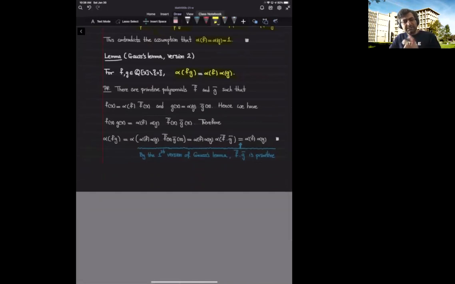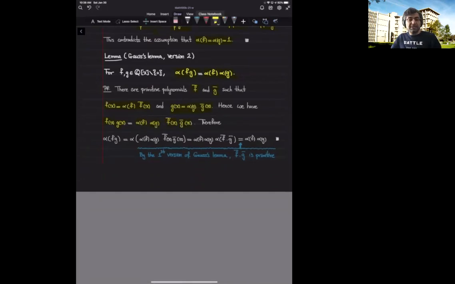So we go back and ask ourselves, what does content mean? Content means that I can find primitive polynomials f bar and g bar such that f is its content times f bar and g is its content times g bar. Now I'm going to consider f times g. So f times g would be content of f times content of g times f bar times g bar.